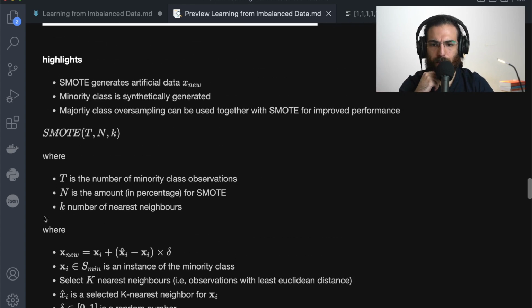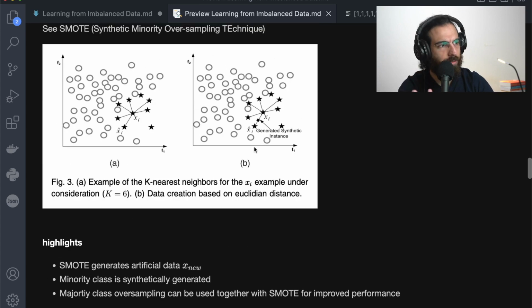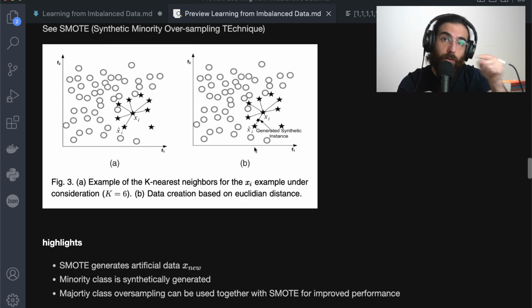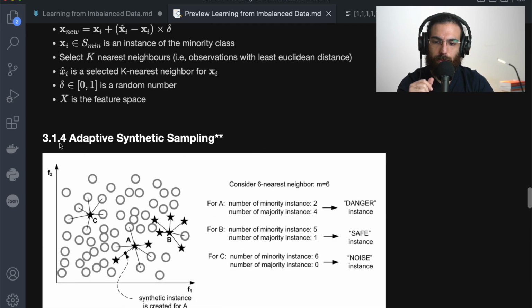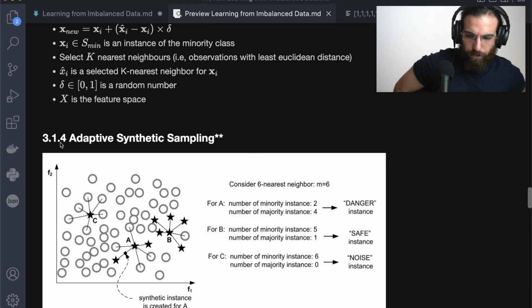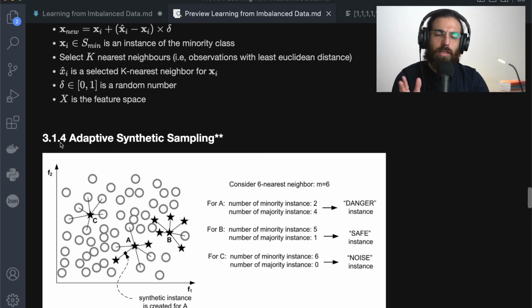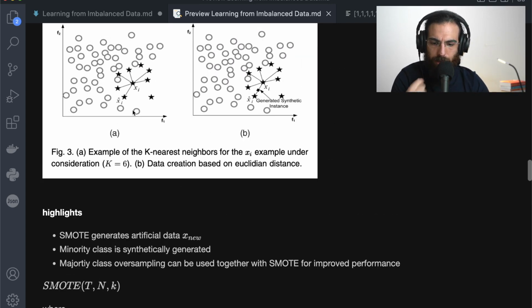Okay? Now, there is a problem with this approach. It's great, we have an effective way of artificially oversampling the minority class, but there's a problem. This is where, in section 3.14, we talk about the problem. The problem is this: SMOTE does not care about neighboring classes. If I scroll back up here, here's one identified minority class.